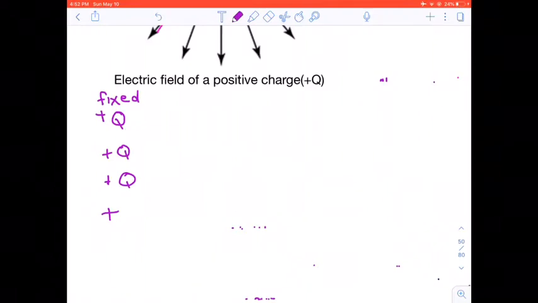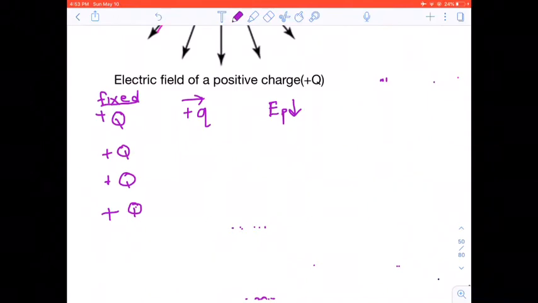Okay, so Q is fixed, and let's say we've got a charge Q plus, and this charge Q plus is moving in the direction of the field, right. What happens is the potential energy decreases.